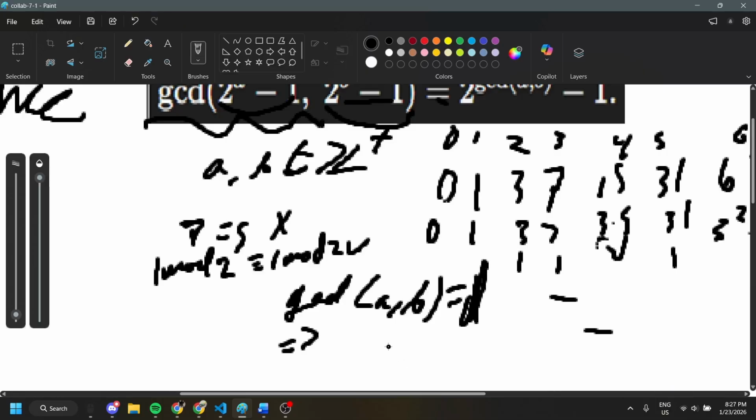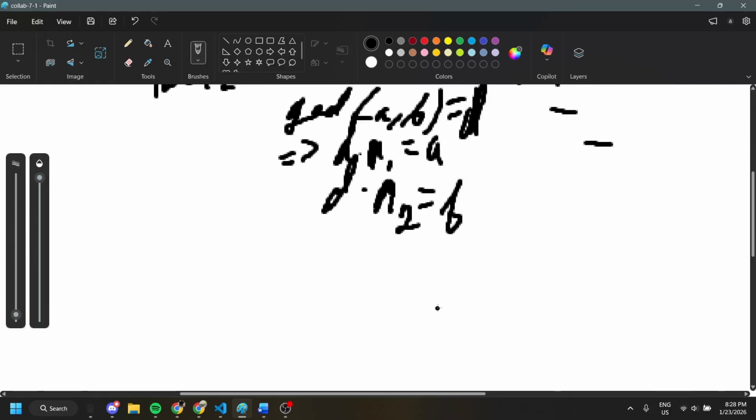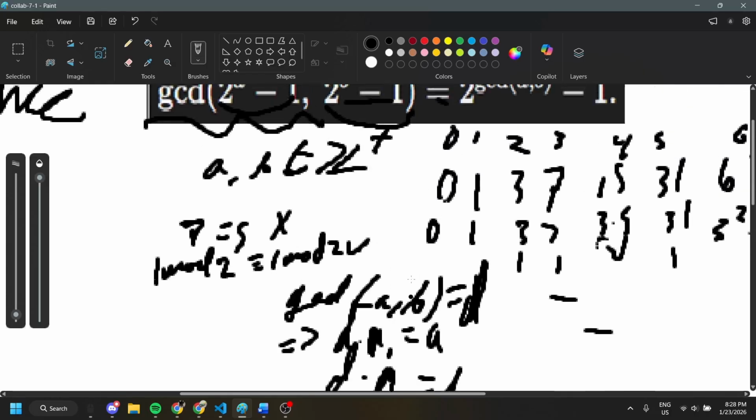That means there will be some number times D that is equal to A, something that divides A times a number, and D times another number that equals B. So this is a good way to put it.